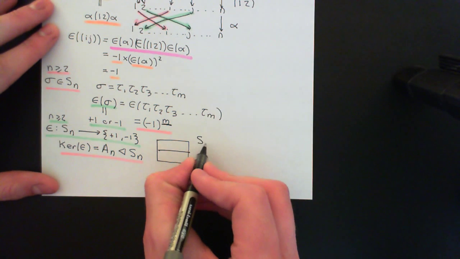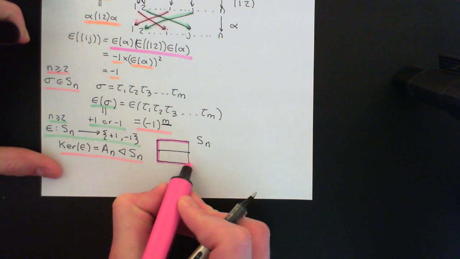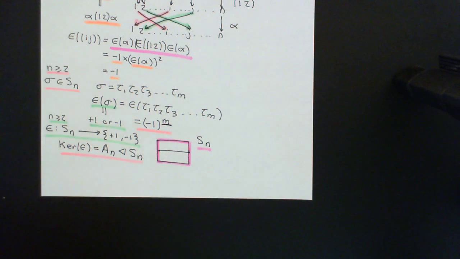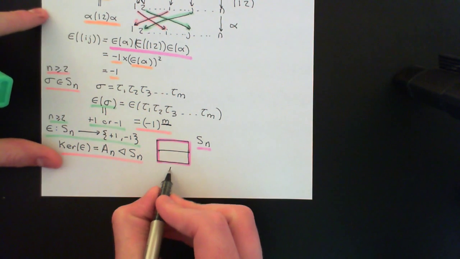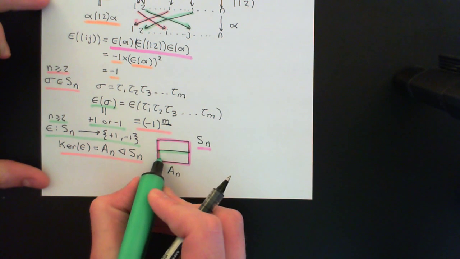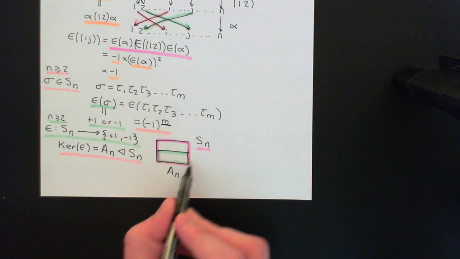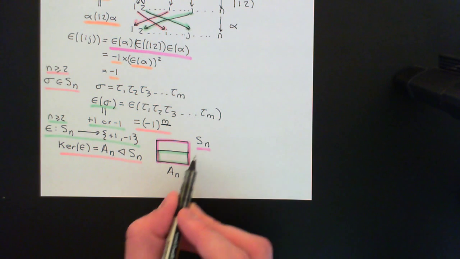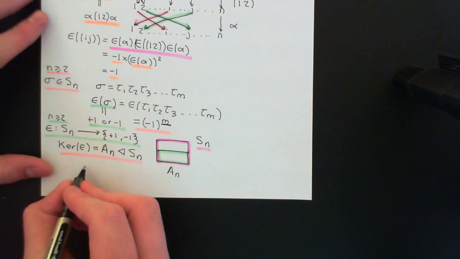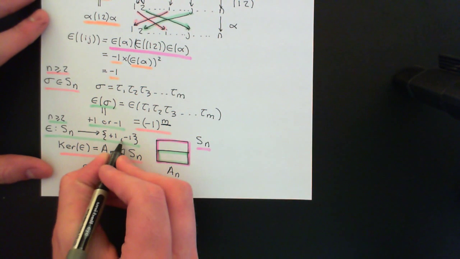So to draw a picture of this, let the entire box here be the symmetric group on the set of n elements. Then this subportion is the alternating group on the set of n elements, and it will contain exactly half of the elements in the symmetric group, because if you were to quotient the symmetric group by the alternating group, you would end up with a group isomorphic to this.